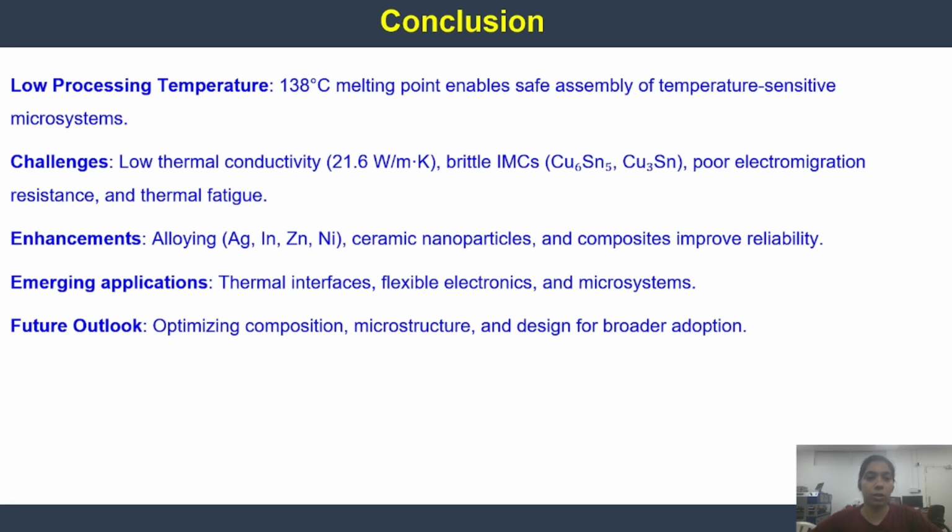So coming on to the conclusions, what we have discussed till now in the presentation. First of all, it has a low melting point advantage. Tin bismuth solders have a melting point of 138 degrees Celsius, which offers a crucial processing temperature reduction compared to traditional solders, which enables the assembly of temperature-sensitive components in microsystems.